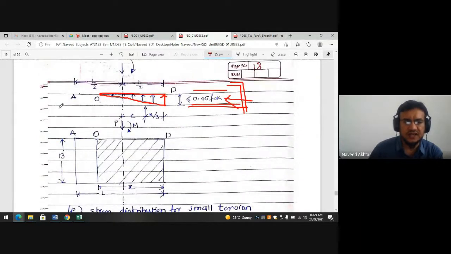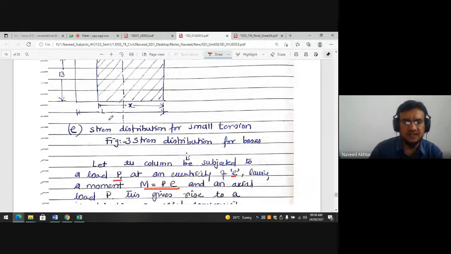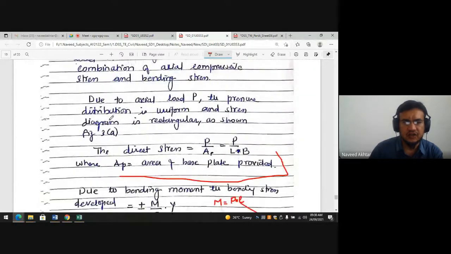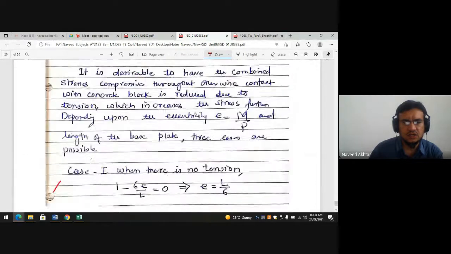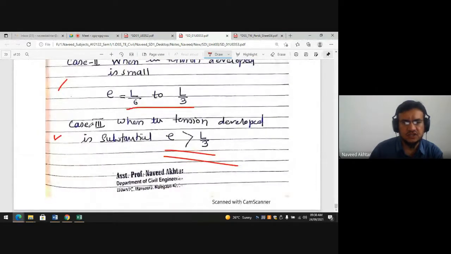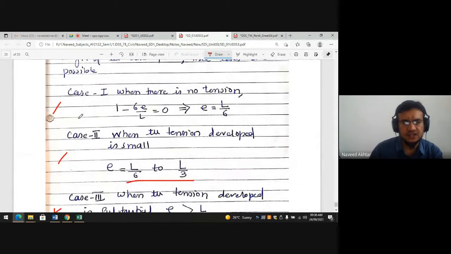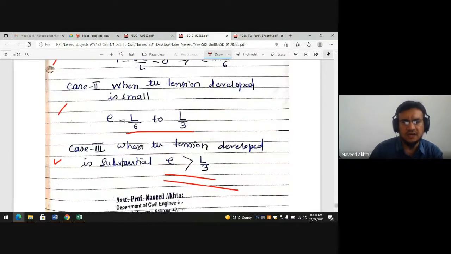How to design that is also given here: how to find the moment, the eccentricity, and the steps to find the stresses. There are three cases for design of the moment resisting base: when there is no tension, when the tension developed is small, and when the tension developed is substantial.